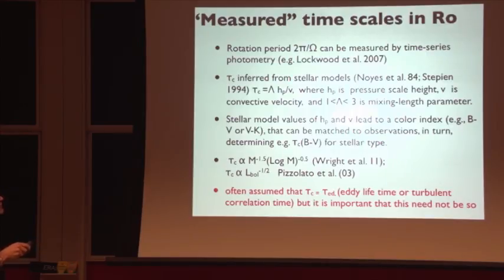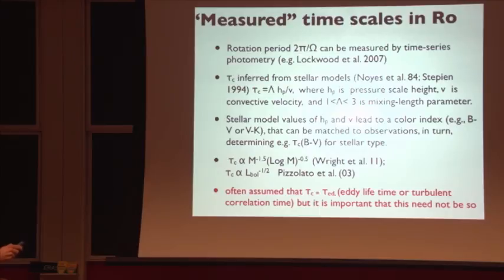For a given stellar model, you can have a convection zone using mixing length theory, which gives scale height and turbulent velocity for a given color index. So the stellar structure produces a given color index, then you go back and look at the scale height and the velocity of the convection zone to match that.